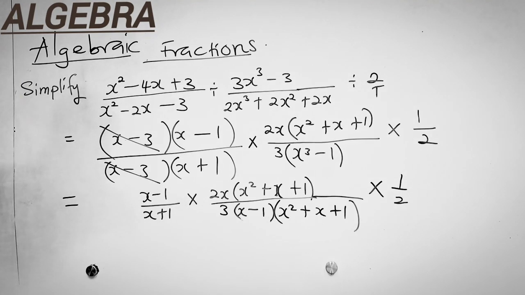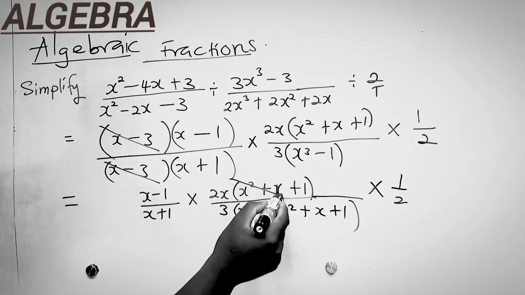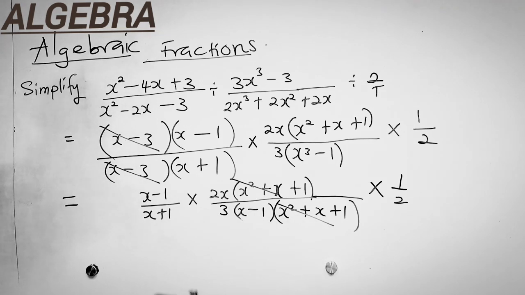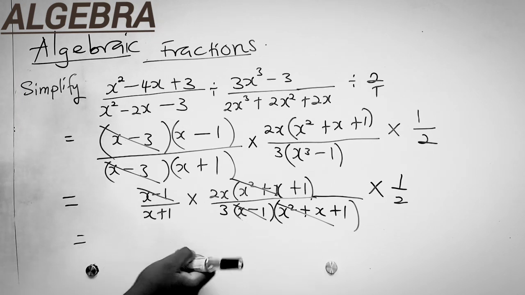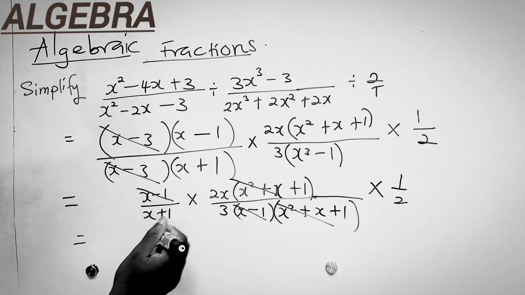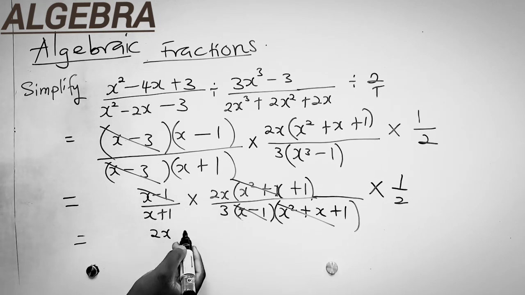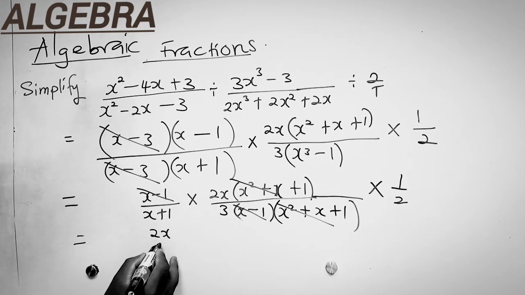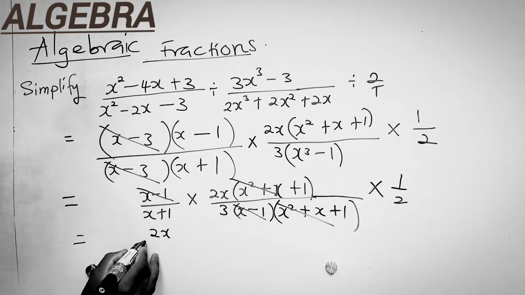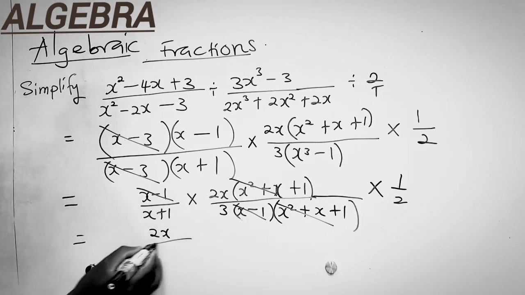Now let's check what cancels out. This one can cancel out. Also x minus 1 and x minus 1 cancels. Then I'm left with 2x multiplied by 1, which is the same as 2x, it remains the same.